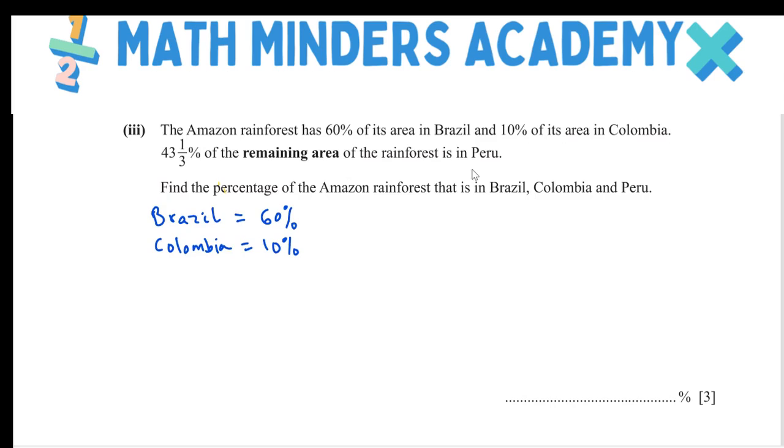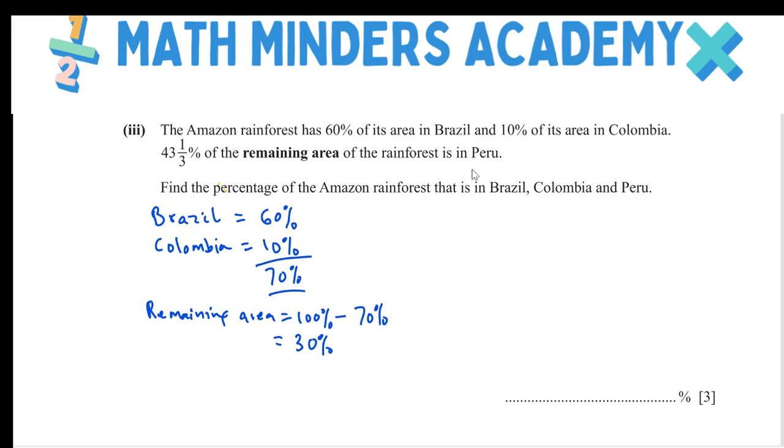So that gives us a total of 70%. Then they said 43 1/3% of the remaining area. The percentage of the remaining area is going to be 100% minus 70%. And that gives us 30%. This is the remaining area.